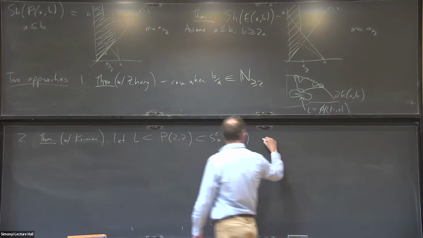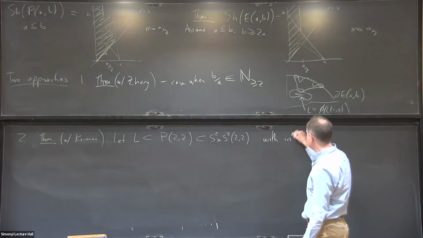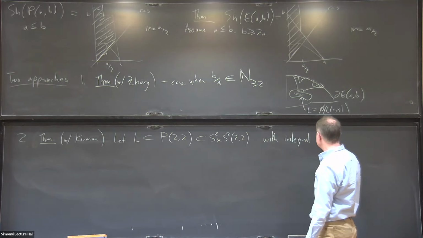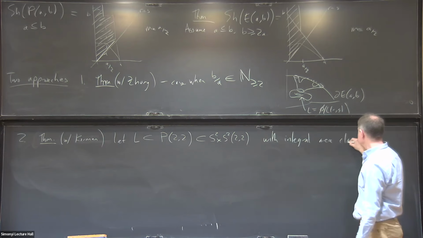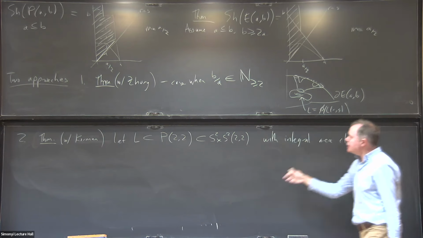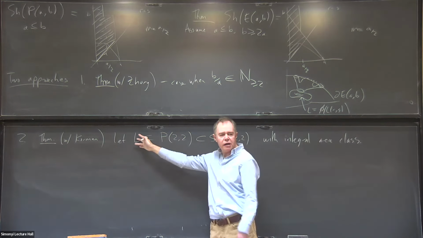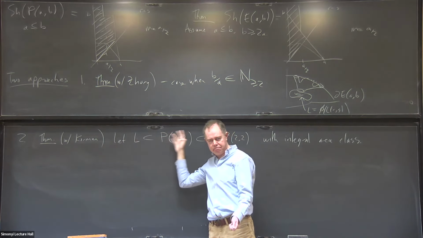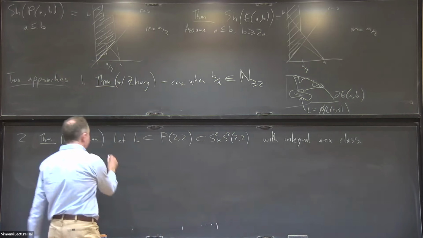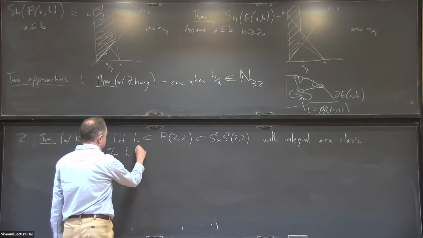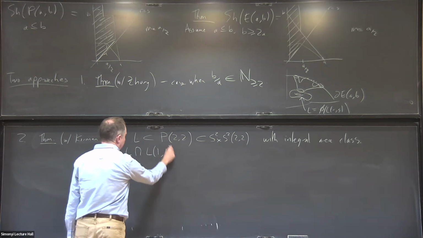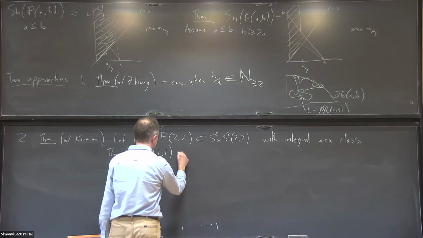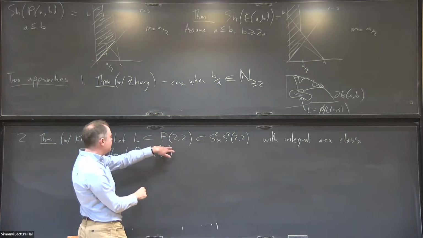I want to assume it has integral area class. In other words, if you take any surface with boundary on L and integrate the symplectic form, you get an integer. Assume that. Then L has to intersect L11, where L11 is a subset of P22.